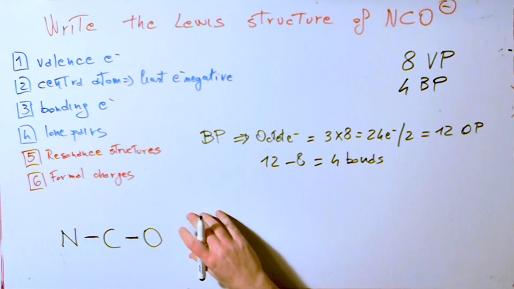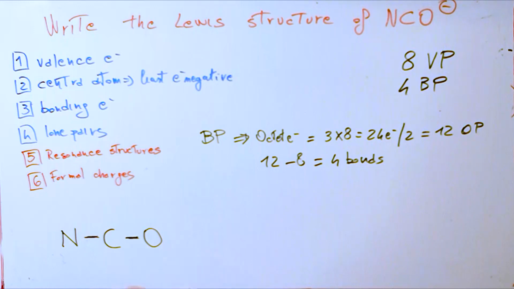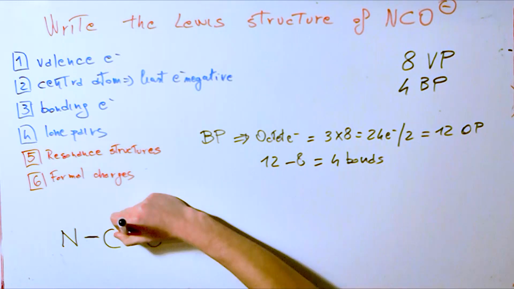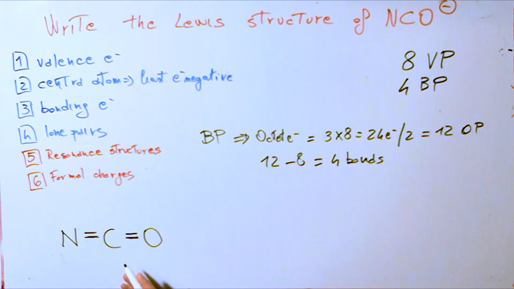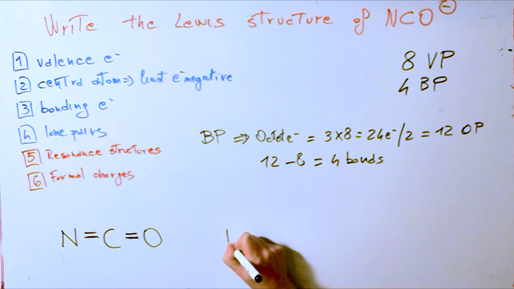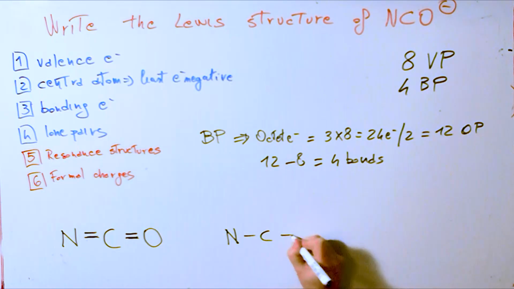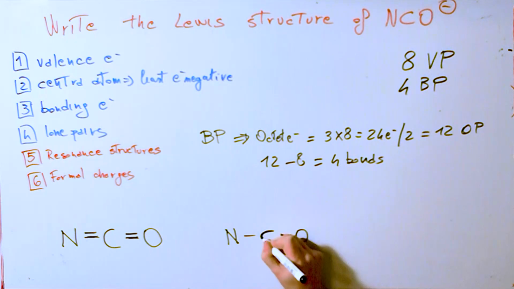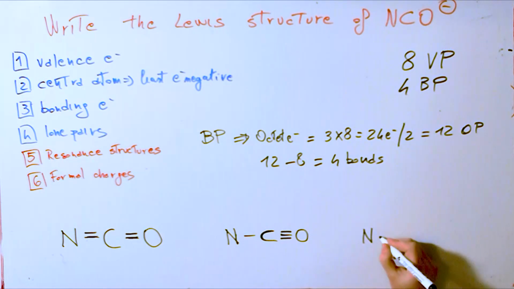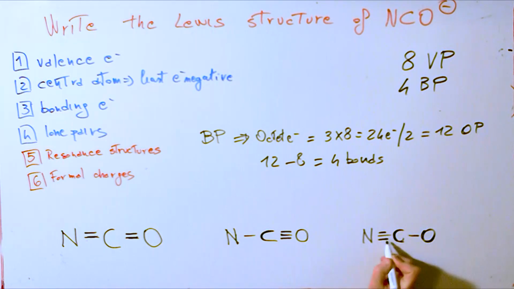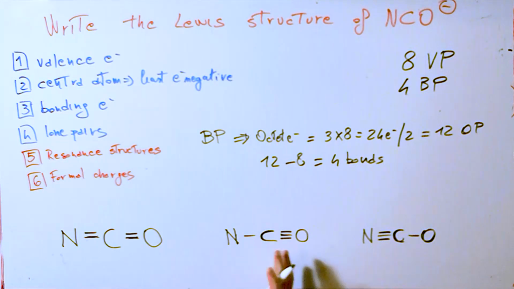4 bonding pairs. 2 we have already put here, so we need to put another 2, so I can write 1 here and 1 here. I don't know actually how to write this multiple bond now, because I can also have another situation in which the 2 remaining bonds are both between C and O, or both between N and C. So which structure is more stable?